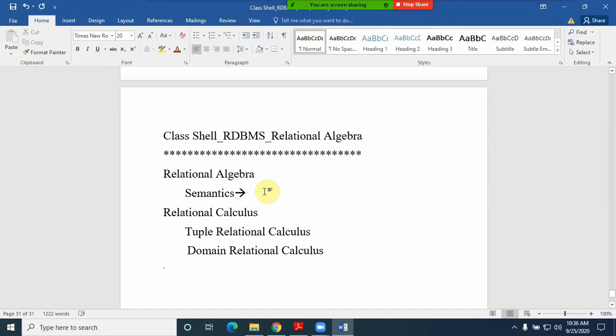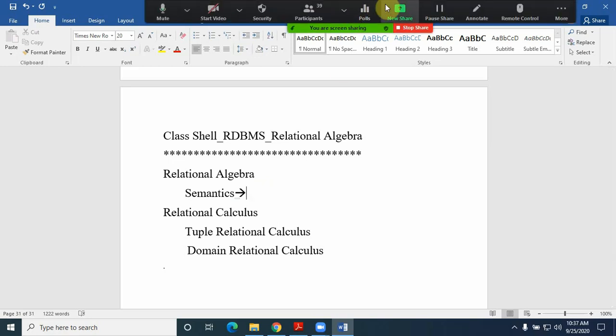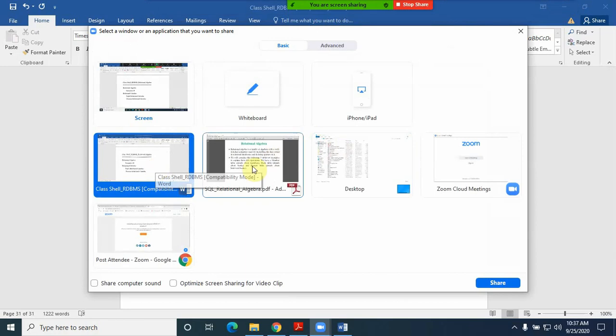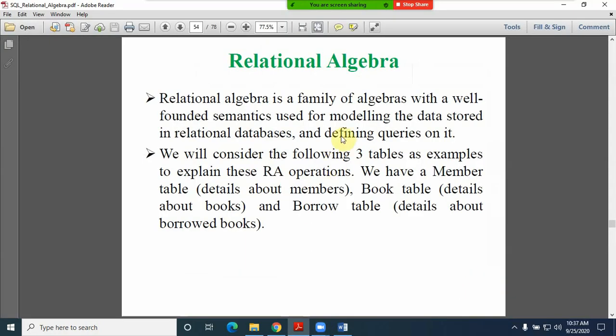Like if you are learning Python, for example, in Python we have dictionaries, lists, tuples, sets. Likewise we have different kinds of constructs. Based on our requirement and our application, we need to observe which constructs to use, and based on those constructs we have to design the applications. Relational algebra also provides some kind of semantics, friends, used for modeling the data stored in a relational database and defining queries on it.